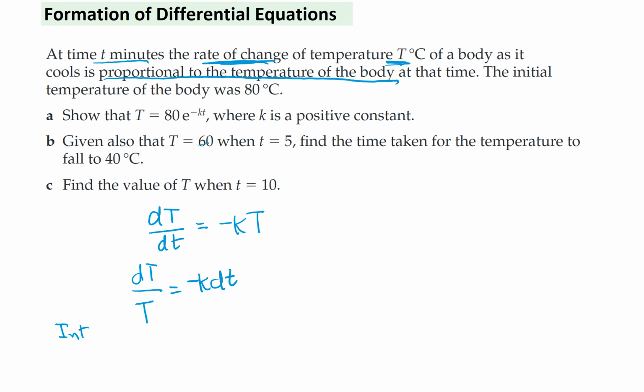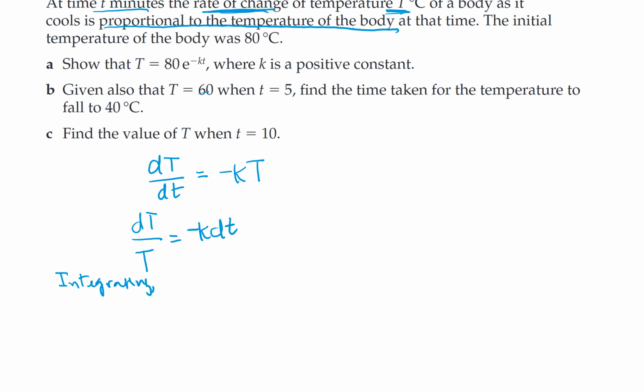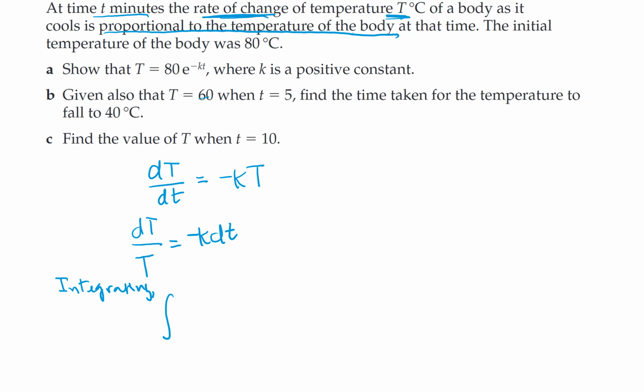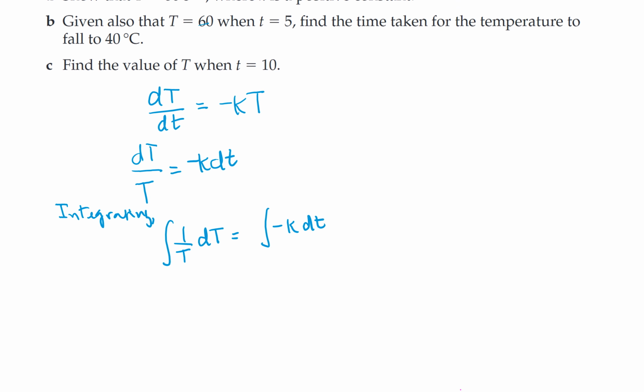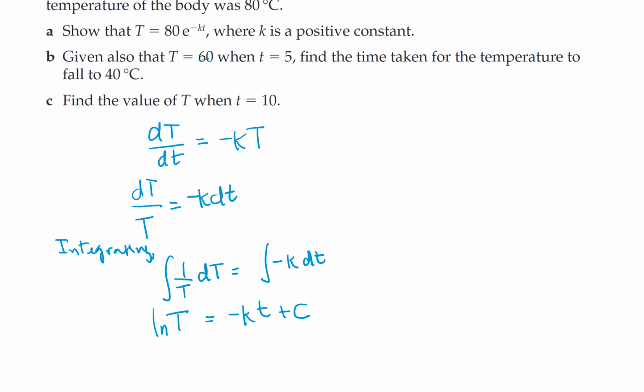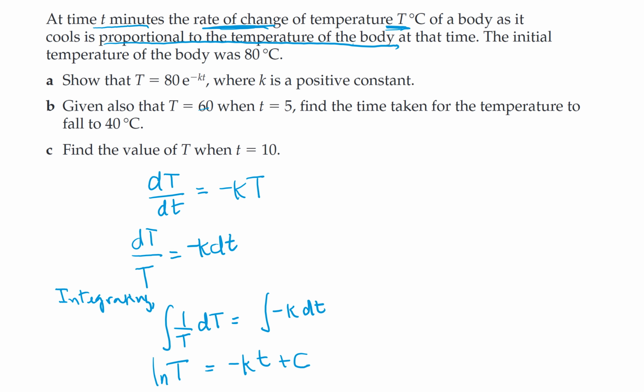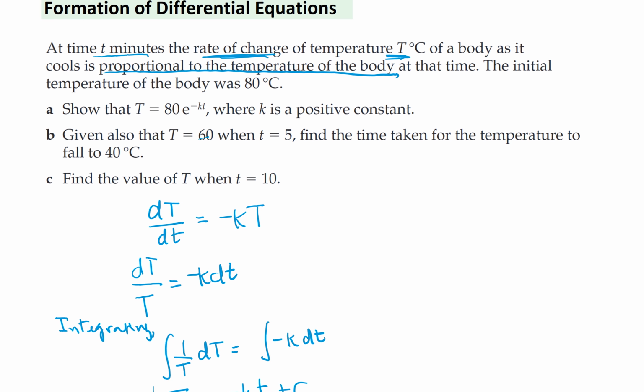So integrating 1 over T dT is equal to integrating minus k dt. This gives me log to the base e of T is equal to minus kt plus c. So that is what we get as a first step.